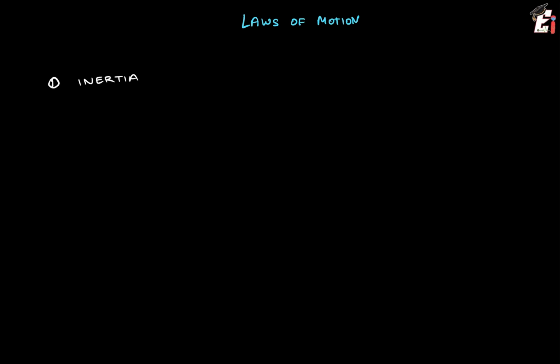Whenever you talk about an object, it has inertia. How do you measure inertia? Inertia is nothing but the mass of the object. If the mass of the object is very high, its inertia will be high, because it's very hard to move a heavy object, and it's very hard to stop a moving heavy object as well.